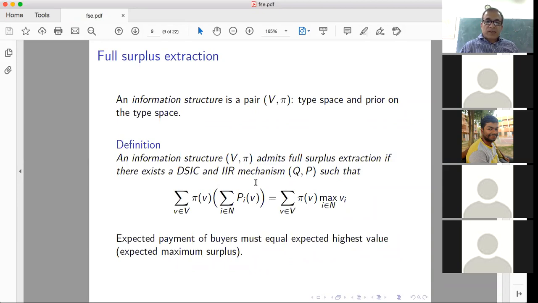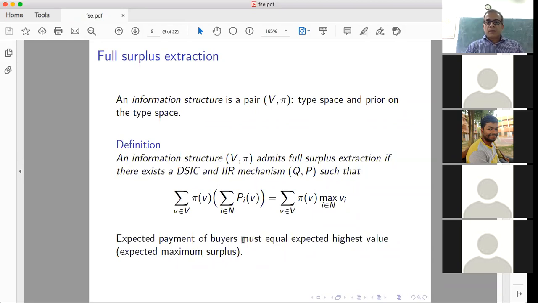And on the left side, at each type profile, this mechanism generates a revenue equal to the sum of Pi(v), and this is the expected revenue that you're going to generate. So the expected payment of buyers must equal the expected highest value. That's what this is saying.